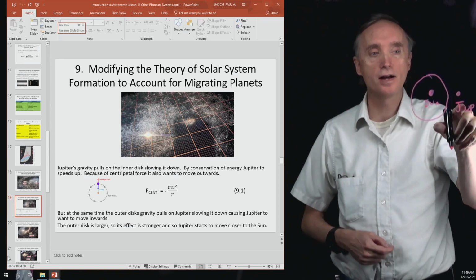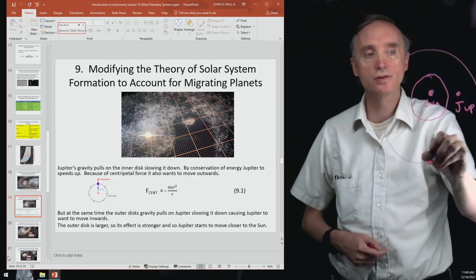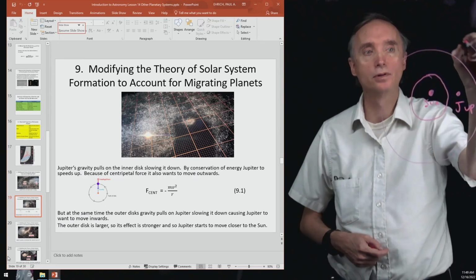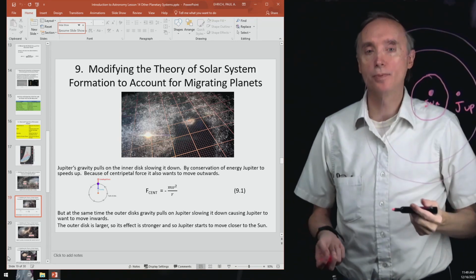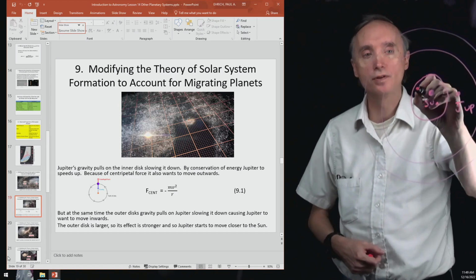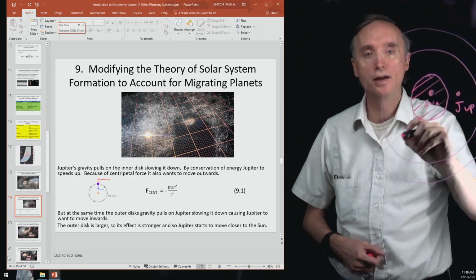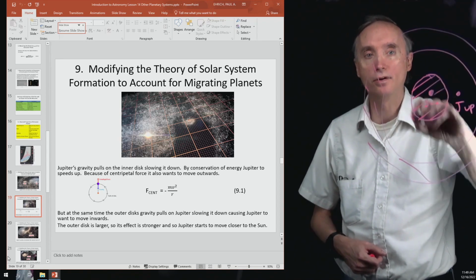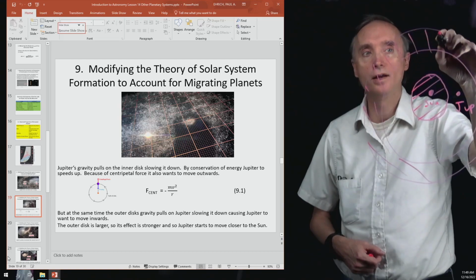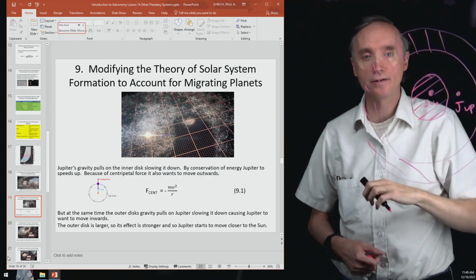And then outside of this is going to be another disk of material, which is going to be the outer part of the solar system. So you've got this inner disk right here, and then you've got this outer disk out here. And then in between the two disks is where Jupiter is.